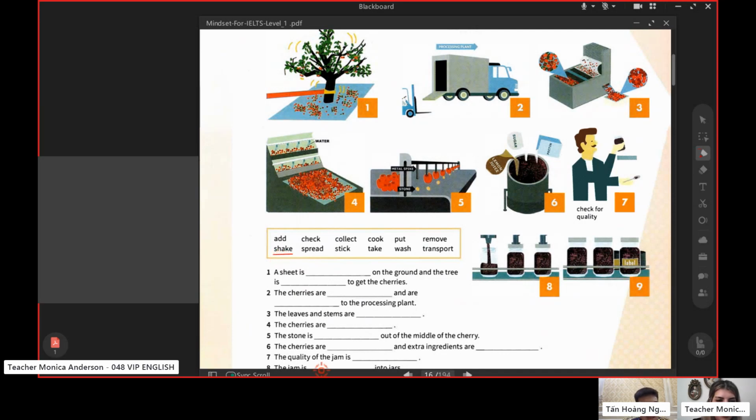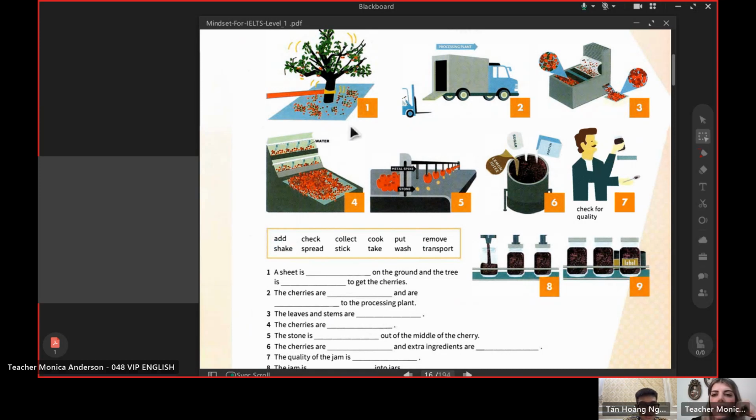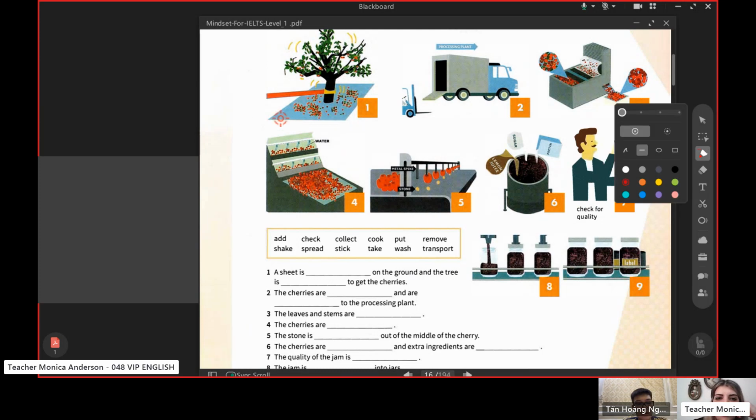A sheet is like a tree. Okay, let me say something. First of all, as you can see, this is a sheet. And they are shaking the tree, so the tree is shaken.